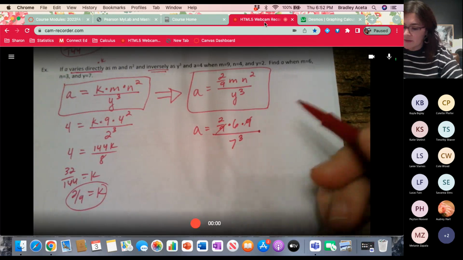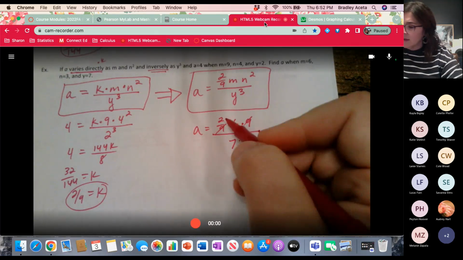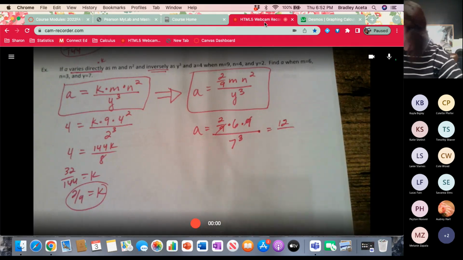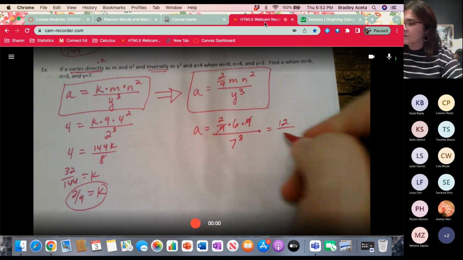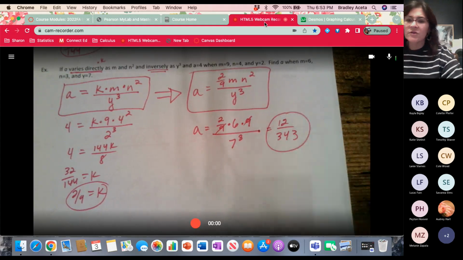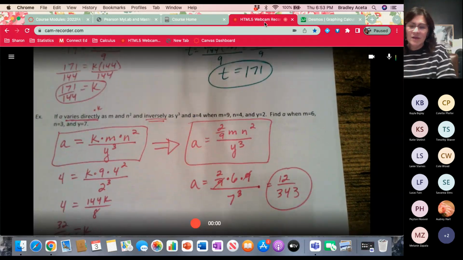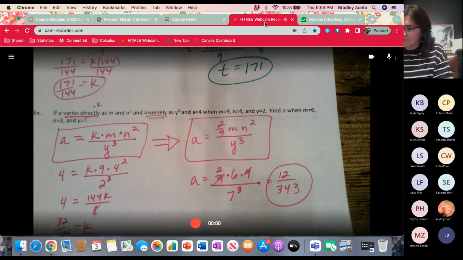So let's see, those cancel. And you're left with 12 over 7 cubed. I think it's 343. Let's see if I'm right. I am. And there's your A value. And yes, you will get ugly fractions just like this one. So make sure you know how to do it.